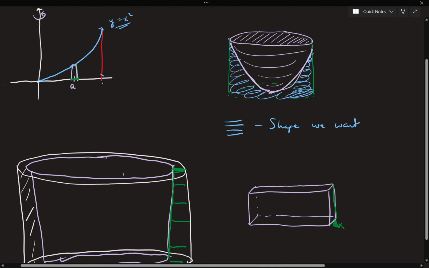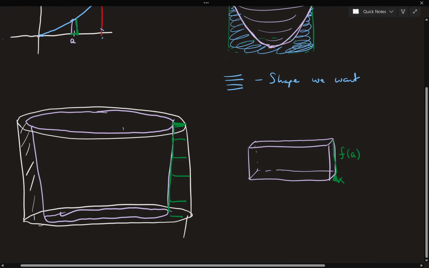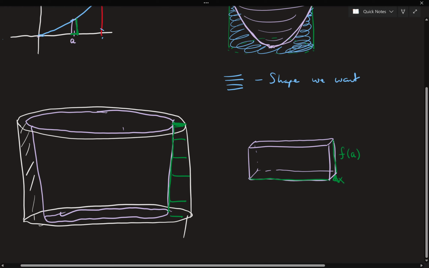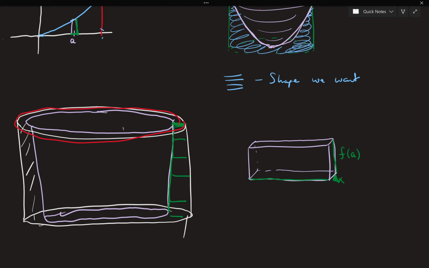That's just the function. And then the length of this rectangular prism, well, isn't it the circumference around the entire cylinder? Because when I chop it off here, that'll all unravel, and it'll become a straight line.